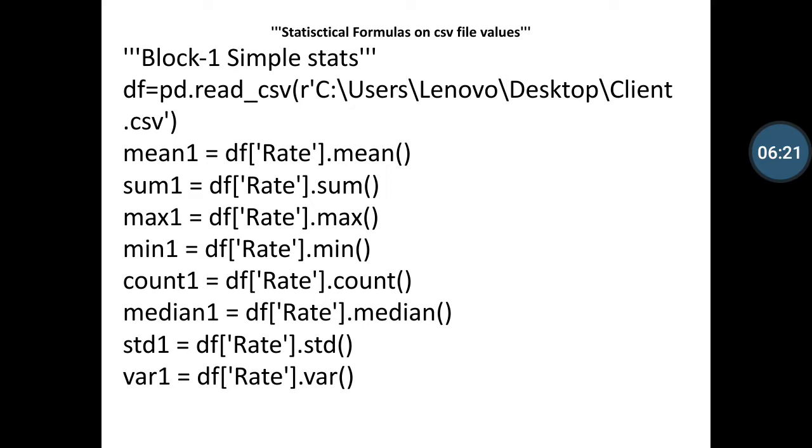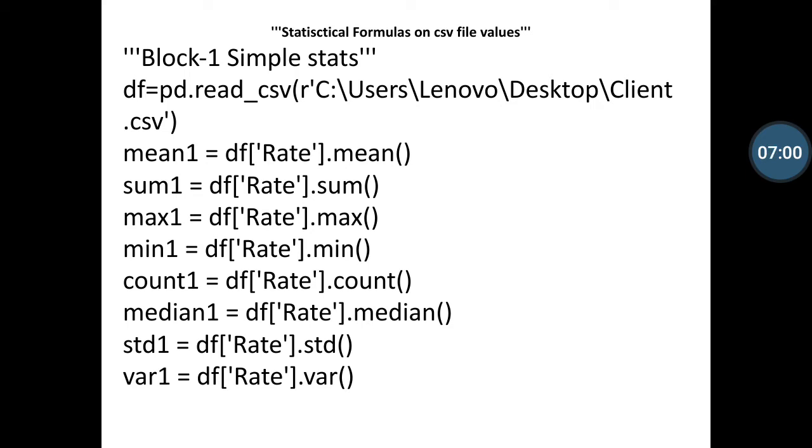So I use the .max method, and the minimum value in the rate column, for which I put the .min method. Then I also count the number of rows stored in the rate column, so I use the .count function, and then I calculate the median. So I define it as df['rate'].median(), which calculates the median value from the Excel file.